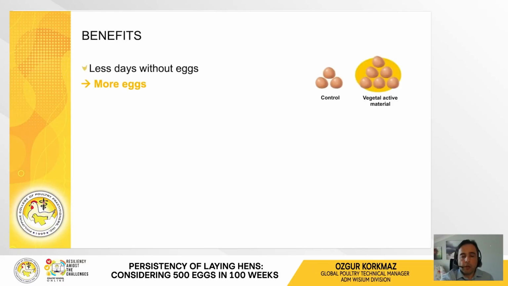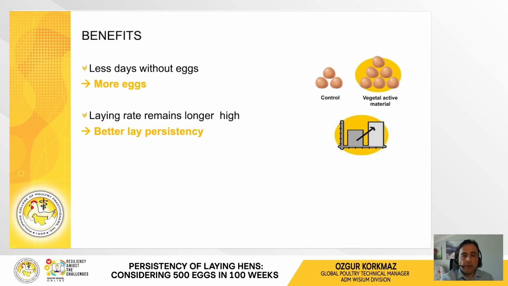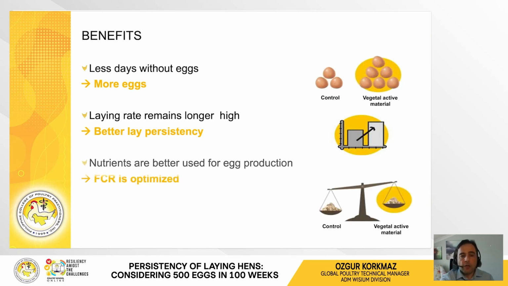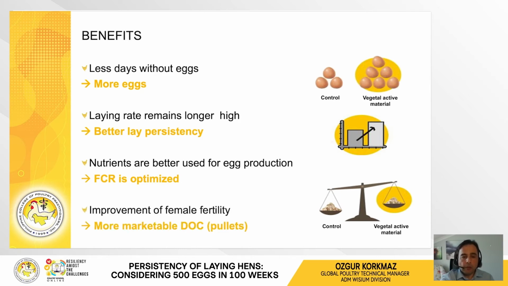So after we tested many trials, we realized that we have more eggs with the active vegetal material from each hen, better lay persistency, and feed conversion ratio is optimized. Also we tested in the breeders, broiler breeders, and we see more marketable day-old chicks in pullets and broiler breeder chicks.